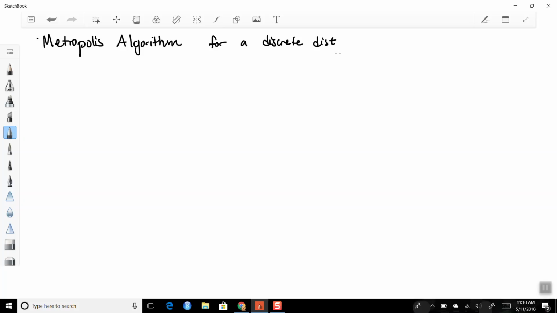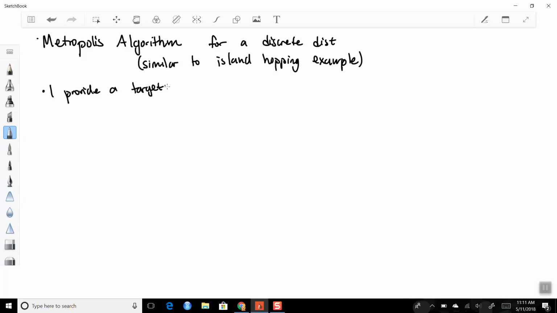Again, this will be similar to the island hopping example, similar but not exactly the same, right? So I will provide a target discrete distribution.